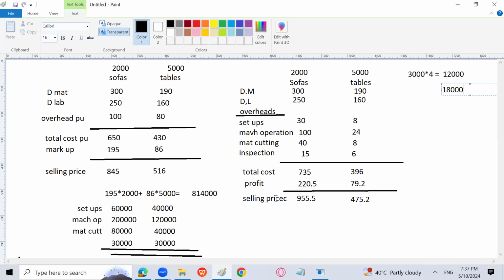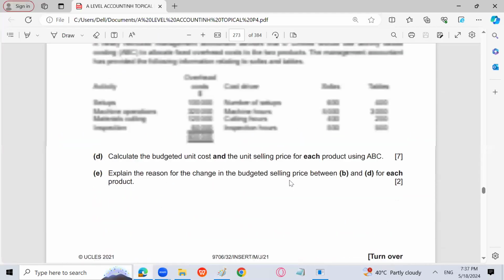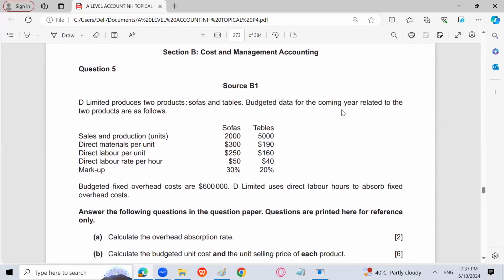How come? I think you don't remember that in the past we have already calculated that we have 30,000 direct labor hours: 2,000 into 5, 10,000, 5,000 into 4, 20,000, so 30,000 direct labor hours are available. If we are going to produce 3,000 tables, then 12,000 labor hours will be utilized by producing tables, and 18,000 hours will be available for sofas.